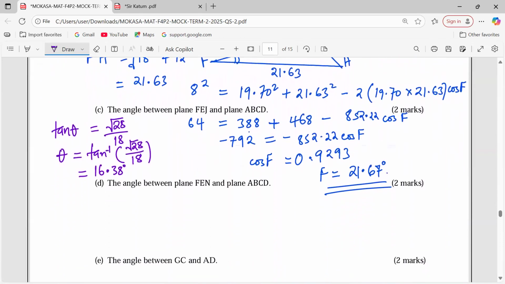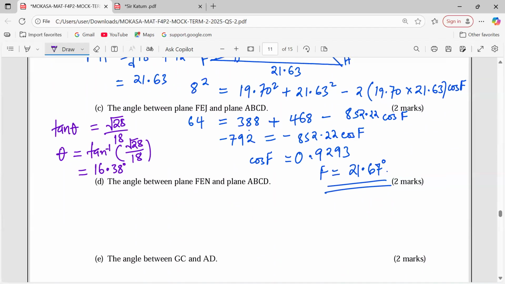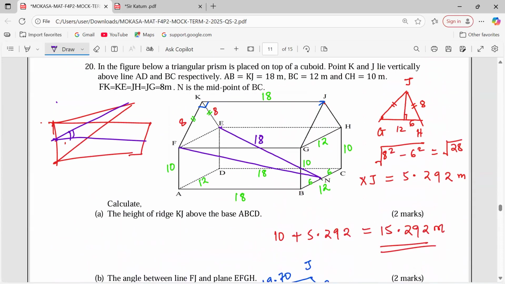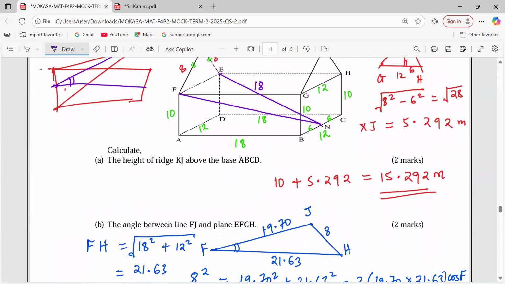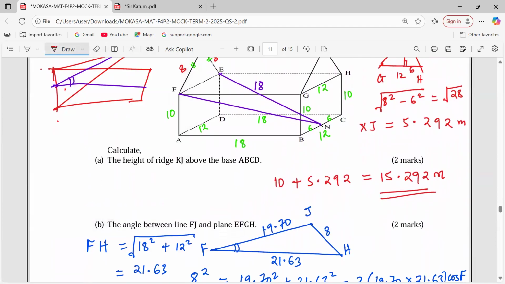That plane and which one? ABCD, the base. So the angle between these two planes now, if we identify the lines passing through the mid of each of the planes, like through this plane to the point where they meet, and also through the other plane, which is now the base, like that, then this is the angle we need.